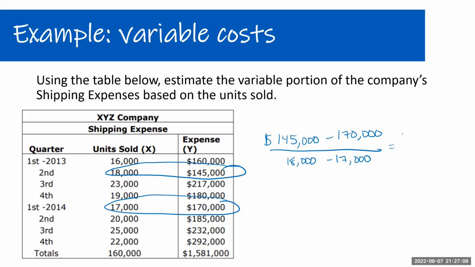That would give me negative $25,000 over 1,000 units, which is going to give me negative $25 per unit.